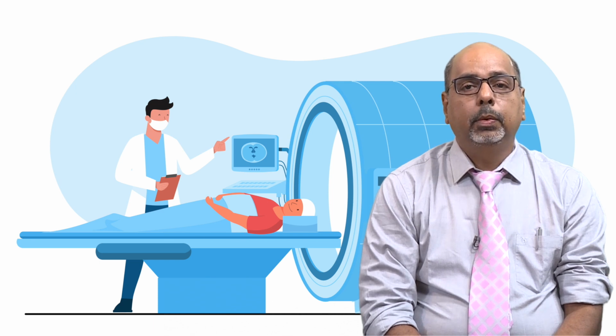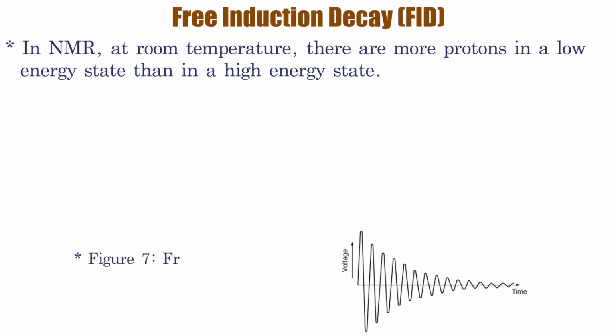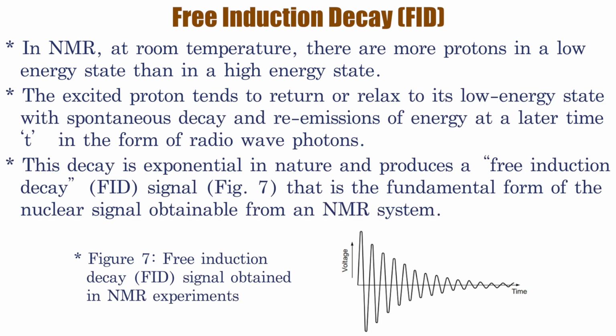Now coming to free induction decay, that is FID. In NMR at room temperature there are more protons in a low energy state than in a high energy state. The excited protons tend to return or relax to its low energy state with a spontaneous decay and re-emissions of energy at a later time t in the form of radio wave photons.